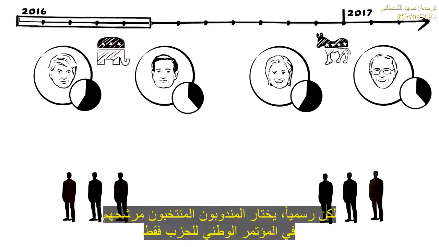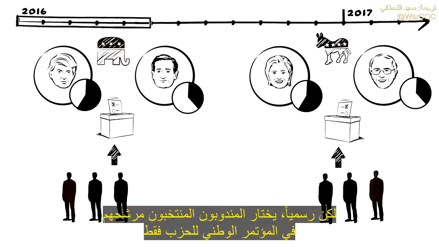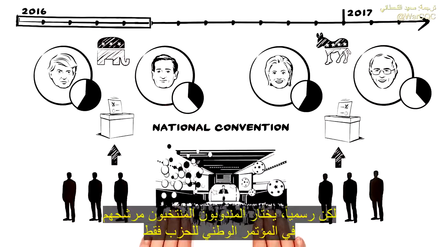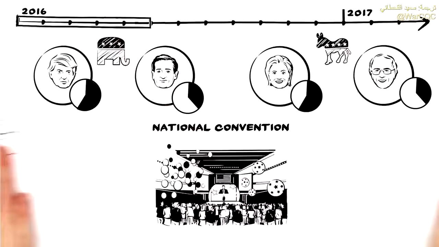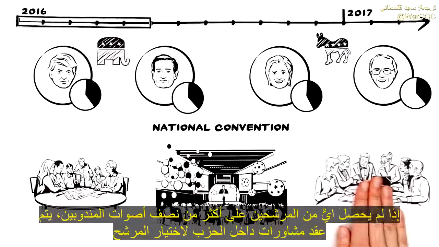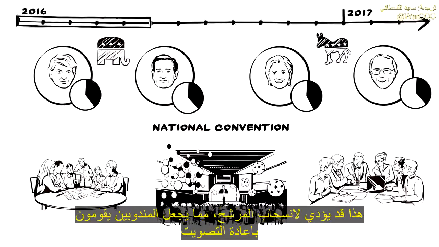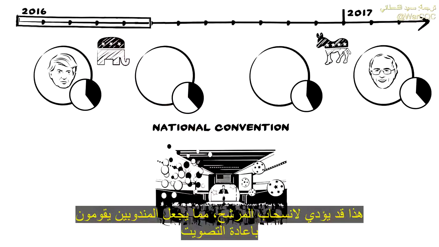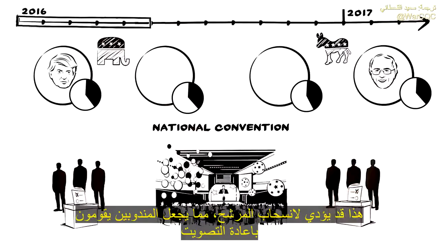Officially, however, the elected delegates only vote for their candidate at the National Party Convention. If none of the candidates receive more than half of all the delegate votes, negotiations are held within the party to select the candidate. This may lead to candidates withdrawing and revotes having to be held among the delegates.